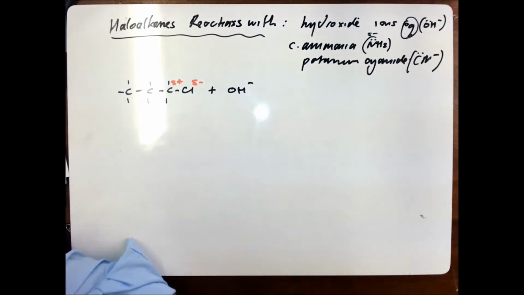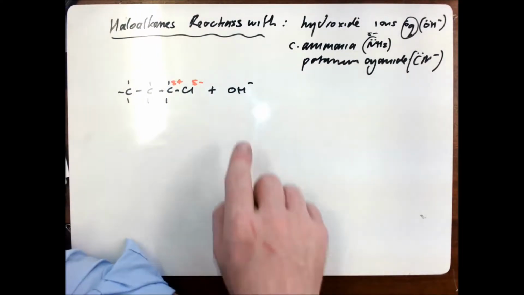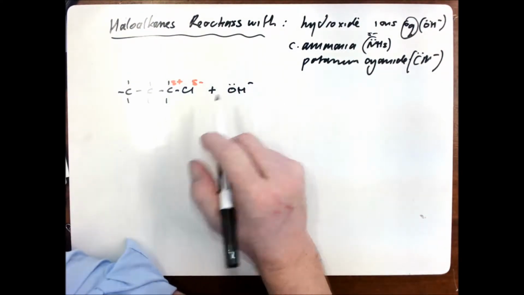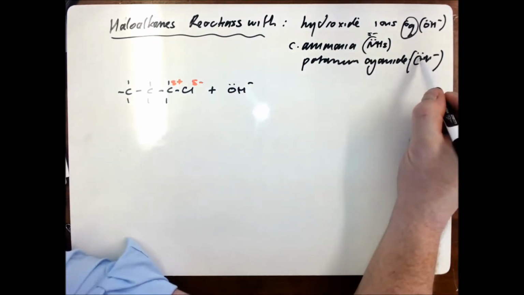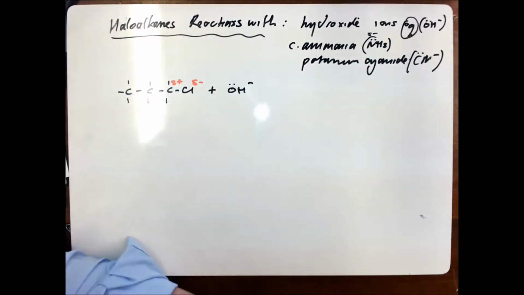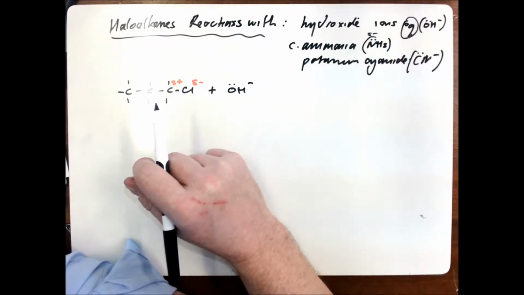That's why this reaction occurs, and if you look at the mechanism you'll see maybe a little bit more about that. So the lone pairs on the oxygen in this instance, the nitrogen in this instance, and the carbon in this instance will attack the delta positive carbon that's attached to the electronegative halogen in each particular instance.